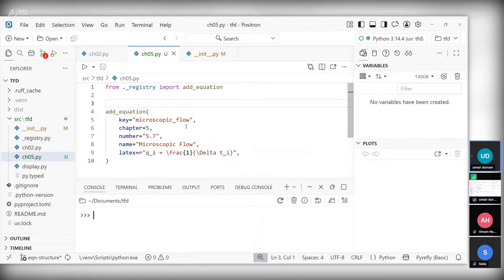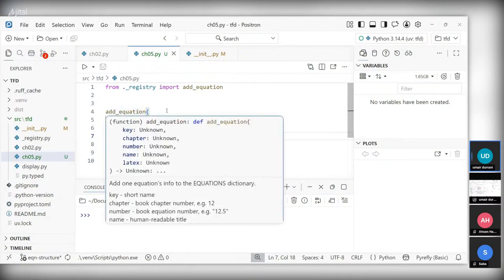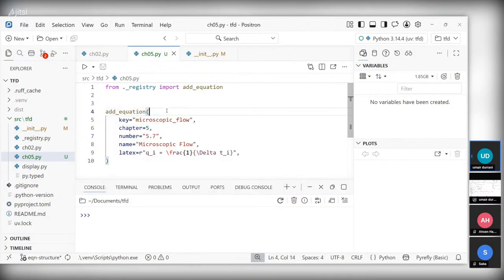All right. So here I added this file Ch05, and this is just a single equation that I added so far. We have multiple equations in this chapter, but I think we don't really need everything. So I added this equation for microscopic flow. If someone is interested, you can also make this contribution.